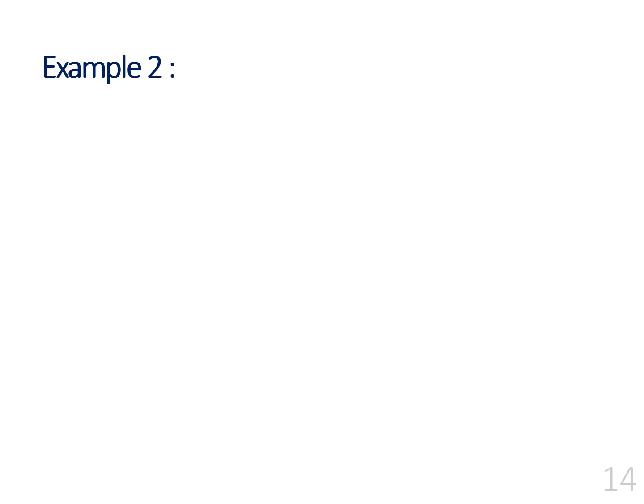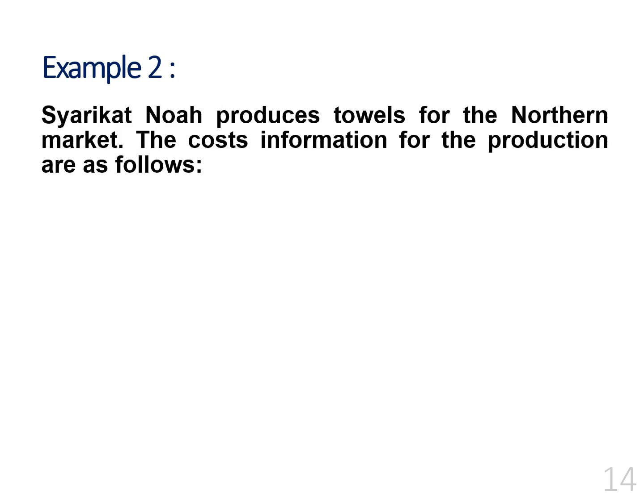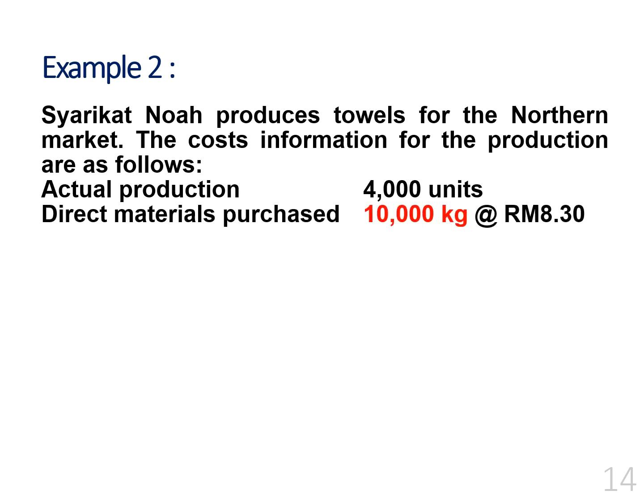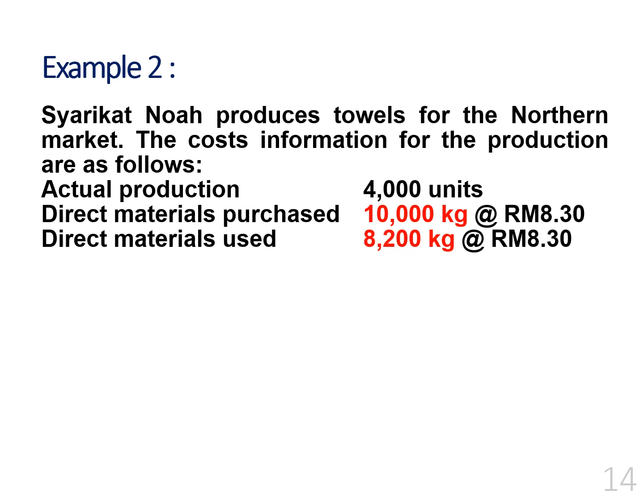Now, we look at example 2. Syarikat Noah produces towels for the northern markets. The cost information for the production is as follows. Actual production equals 4,000 units. Direct material purchase equals 10,000 kg at 8 ringgit and 30 cents. Direct material use equals 8,200 kg at 8 ringgit and 30 cents.